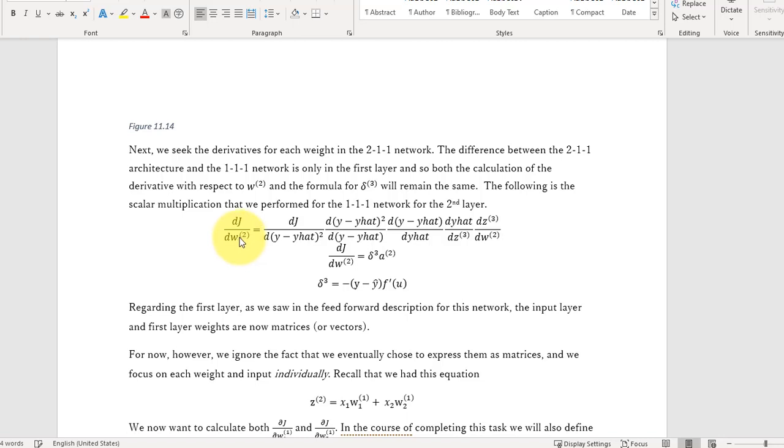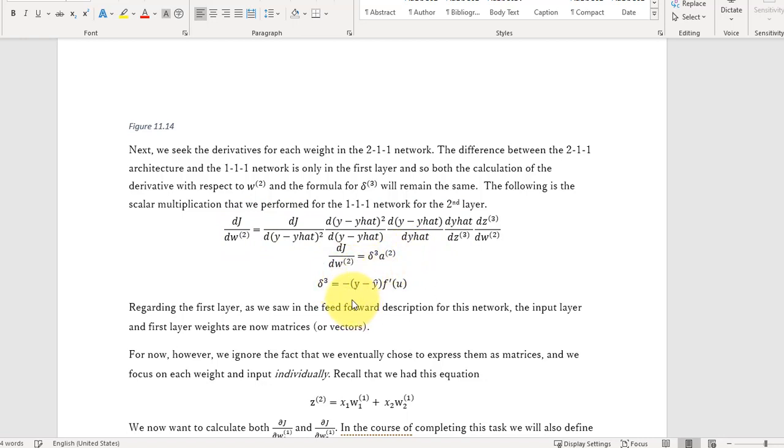To get from W2 to J, we have to follow the same path in the 1, 1, 1 network, or this might be the 2, 1, 1 network, but in either case, getting from W2 to J is the same path as in the current 2, 3, 1 network, getting from W2,1 to J. It's the same path, so the derivative is going to be exactly the same.